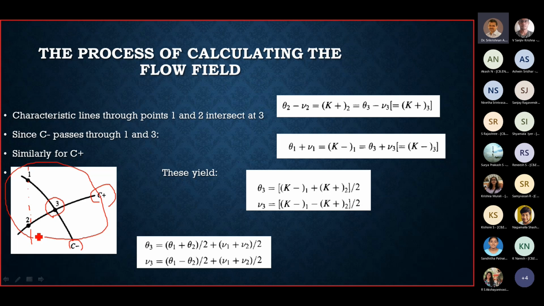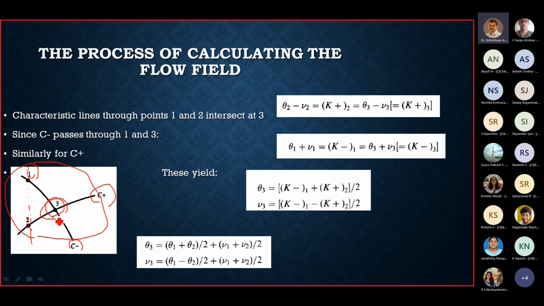Now, both these characteristics, C plus and C minus, should satisfy the conditions at 3 because they intersect at 3, right?